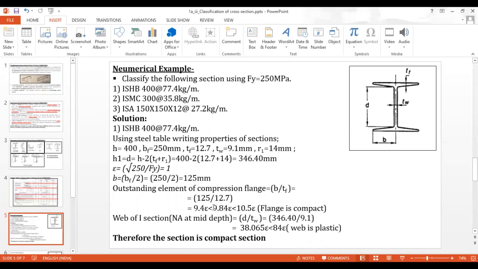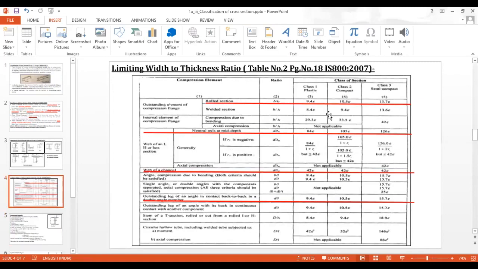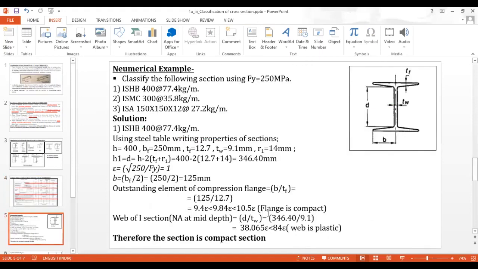This 9.84 is greater than 9.4 epsilon and less than 10.5 epsilon. If you observe the table, the ratio is greater than 9.4 epsilon and less than 10.5 epsilon. Hence, our flange is compact.